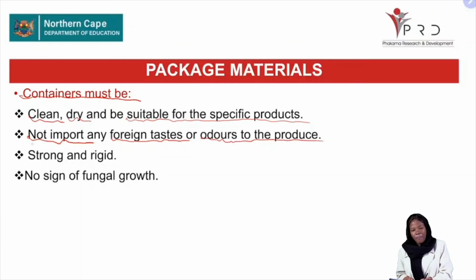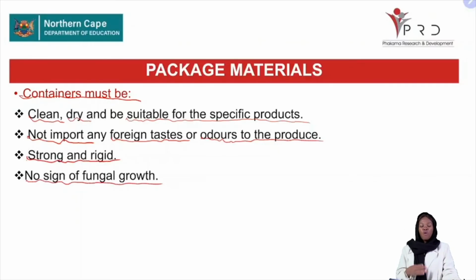Another one, the package used must be strong and rigid to facilitate easy handling and transportation, and to also protect the produce from damage. And the last one, the material or the packages used must have no sign of fungal growth, which may reduce the quality of the product.